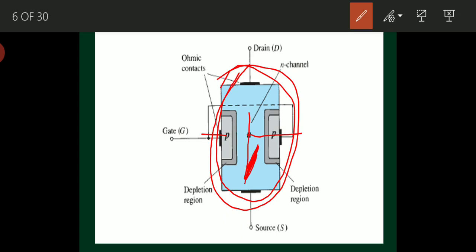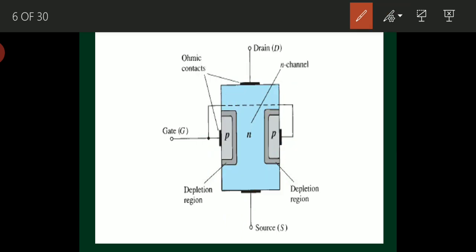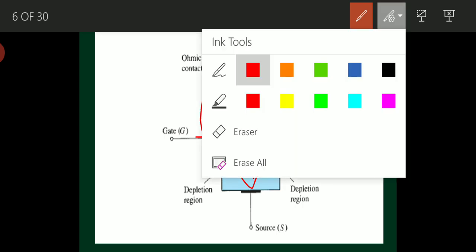So this total semiconductor substrate is now doped as N-type semiconductor, and in the middle I will dope it with P-type. So in a circular shape, I will dope it with P-type here.